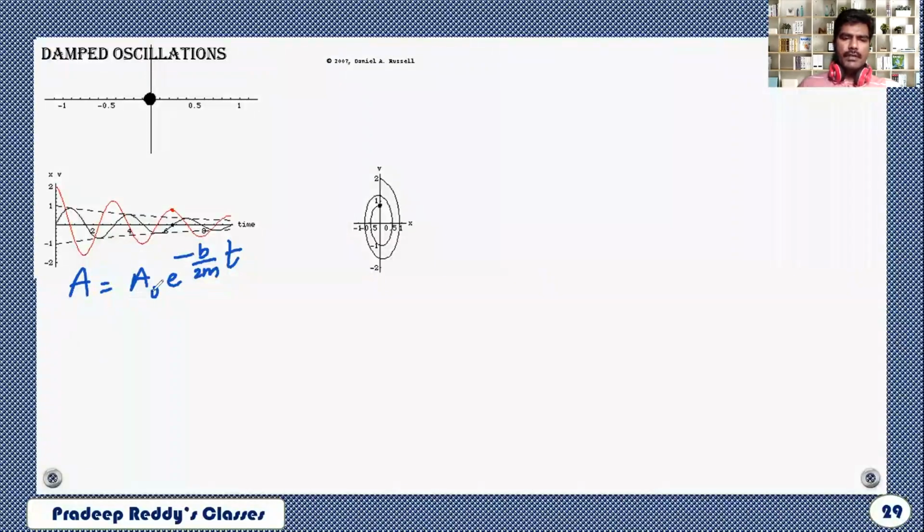So we have A is equal to A naught e power minus b by 2m into t. Now let us consider t is equal to 2m divided by b, called the relaxation time.